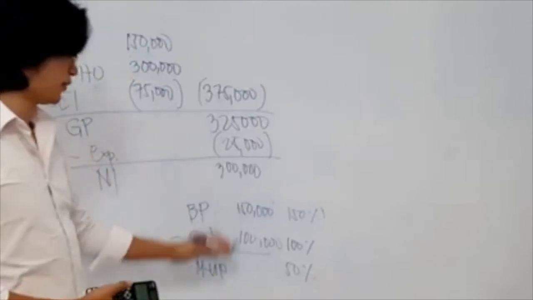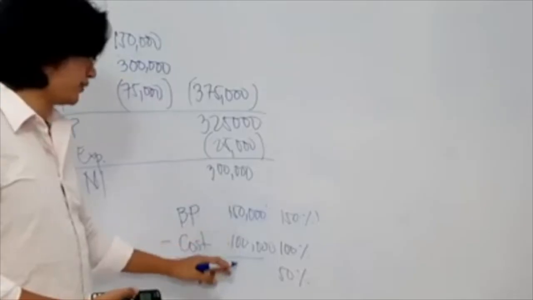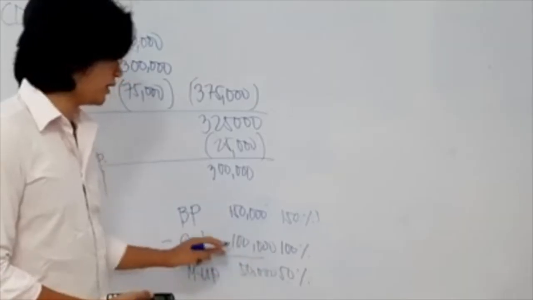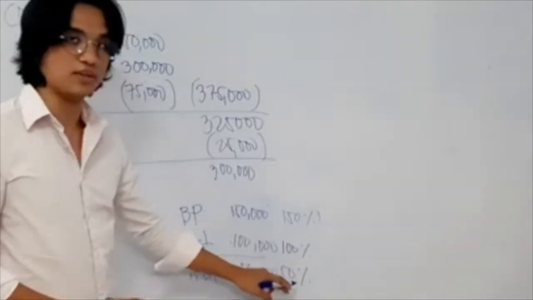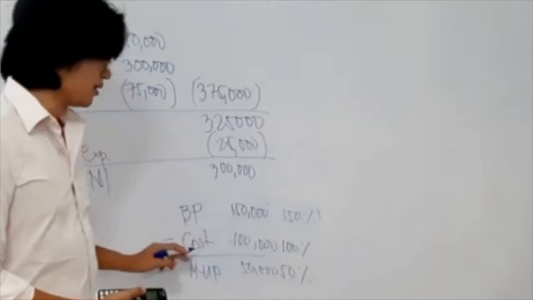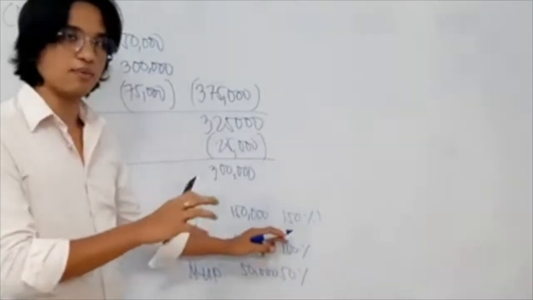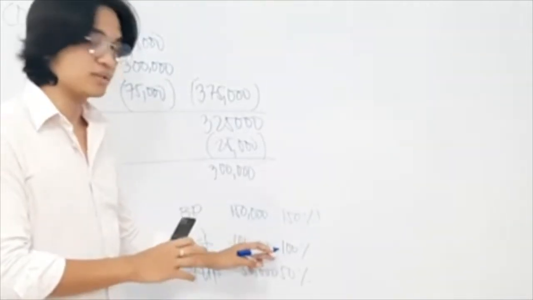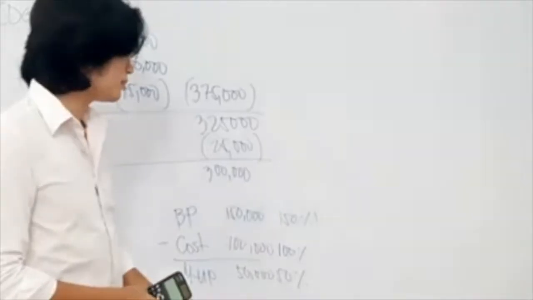From there, we can compute for the markup. That's 150,000 minus 100,000, we get 50,000, or simply 100,000 times 50%. Take note, our 100% is the cost because the problem states 50% based on cost or 50% above cost.